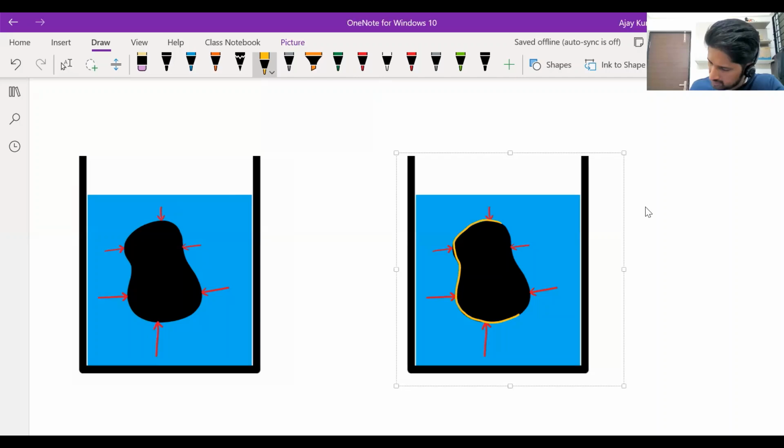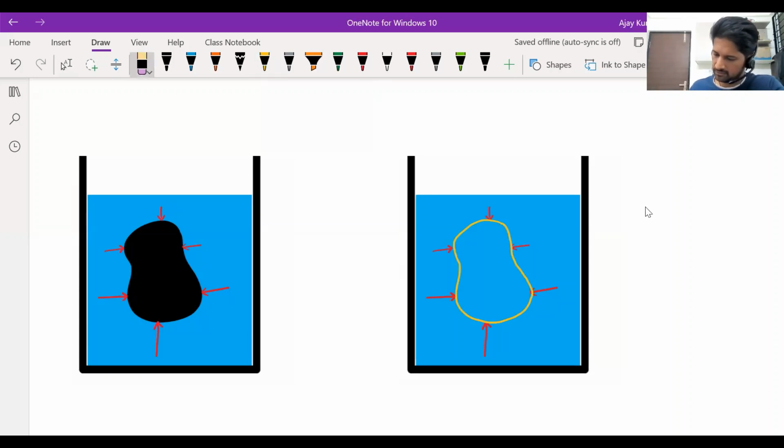Along the surface of the object immersed, visualize a boundary. This is an imaginary boundary. Nothing is actually present inside. Now remove this object. So basically what we are visualizing is the space occupied by the object being occupied by the liquid itself. Imagine it like that.